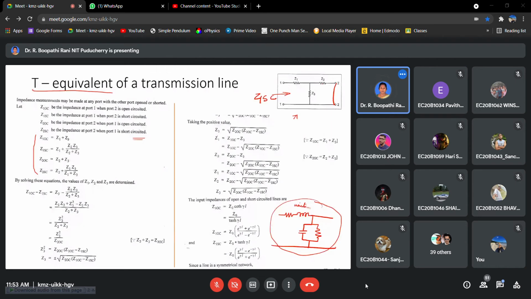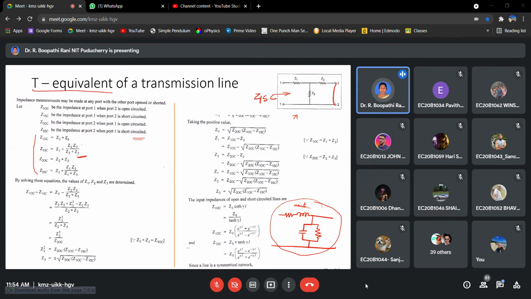This Z2 will be in parallel with Z3 and this will be in series with Z1. If we measure from port 1, that impedance will be Z1 plus Z2 Z3 divided by Z2 plus Z3, because Z2 and Z3 are parallel, so that impedance is Z2 Z3 divided by Z2 plus Z3, and the combination comes in series with Z1. So Z1 SC will be Z1 plus Z2 Z3 divided by Z2 plus Z3.